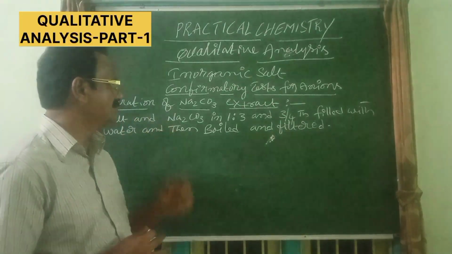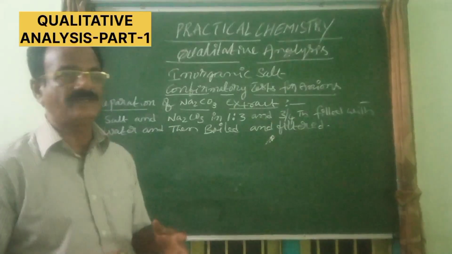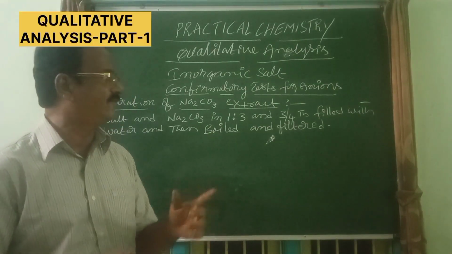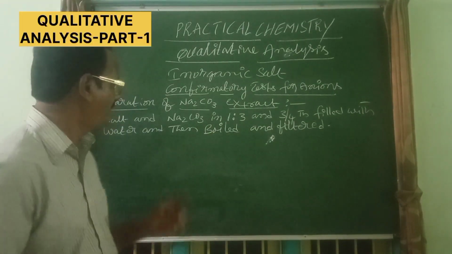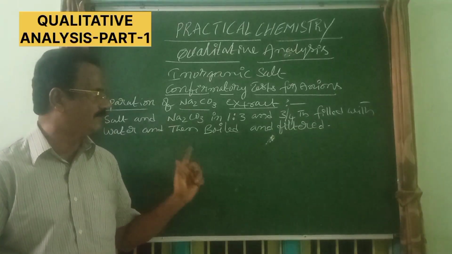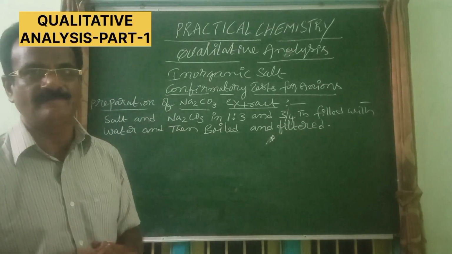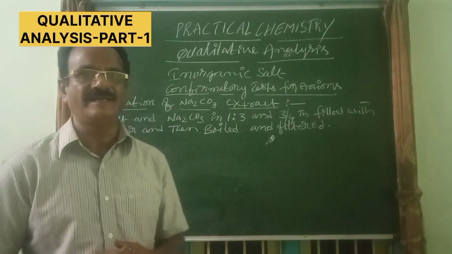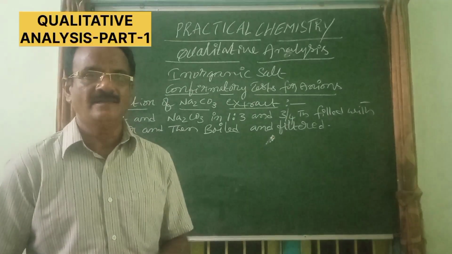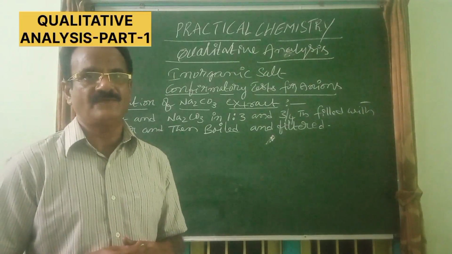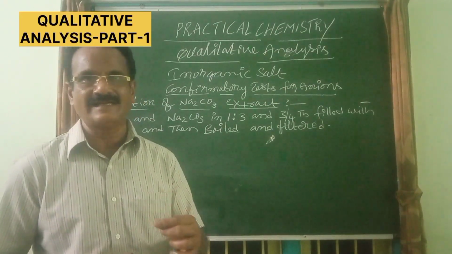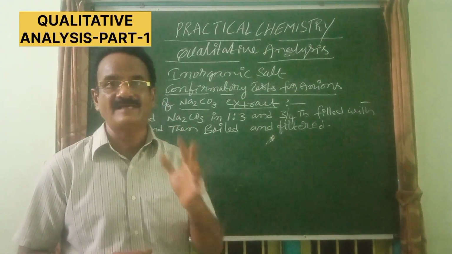Salt and Na2CO3 are to be taken in 1:3 ratio, a test tube 3/4 filled with water, then boiled and then filtered. The filtrate is called sodium carbonate extract. During confirmation of anions, this extract is to be used for best result.